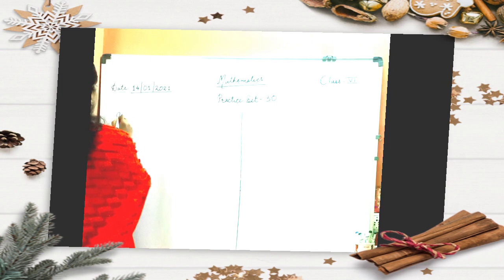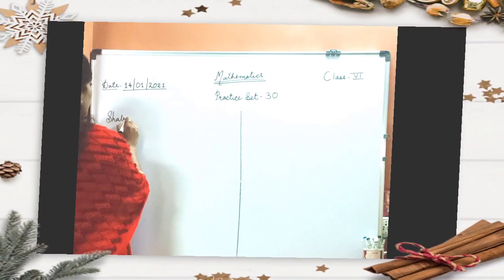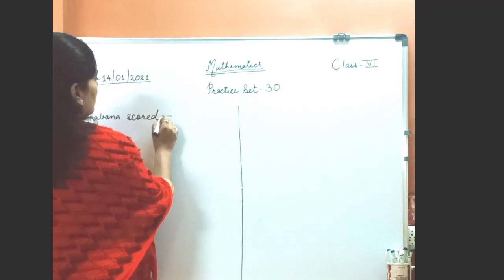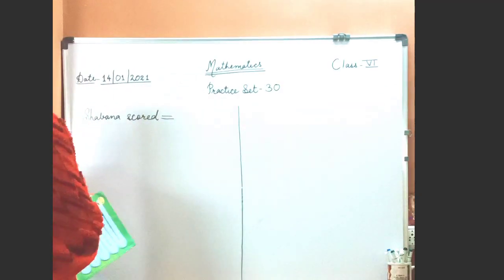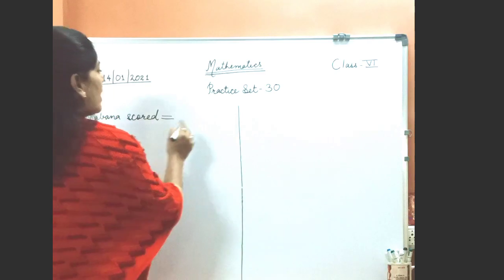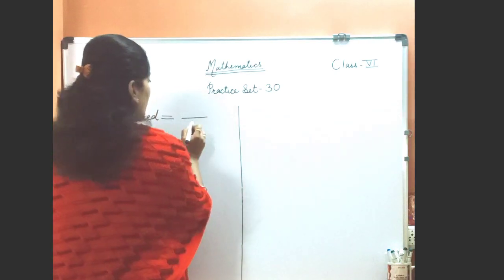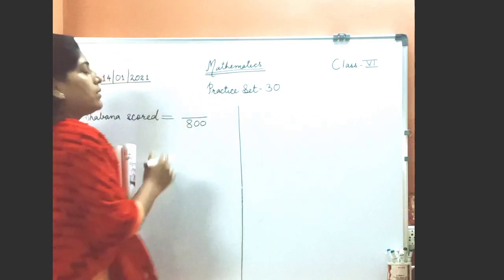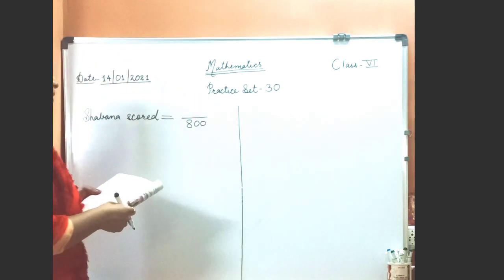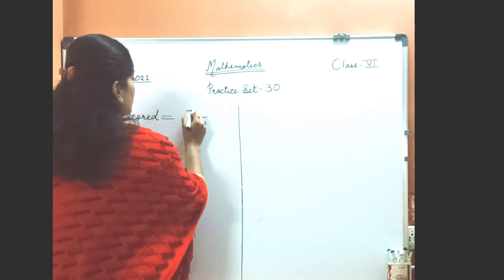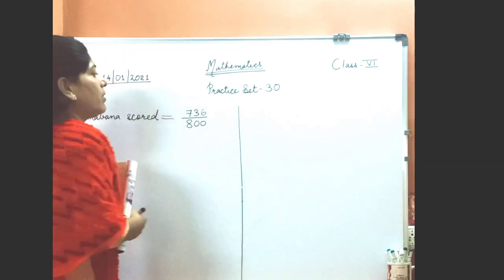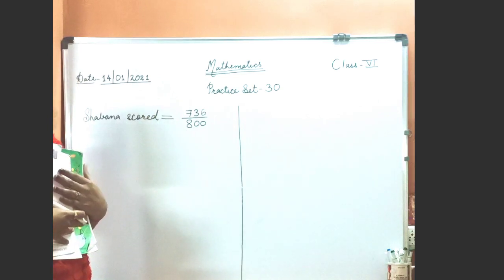Shabana scored out of 800. While writing marks, we write the total marks as the denominator and the scored marks as the numerator. Right? Means she got 736 marks out of 800.